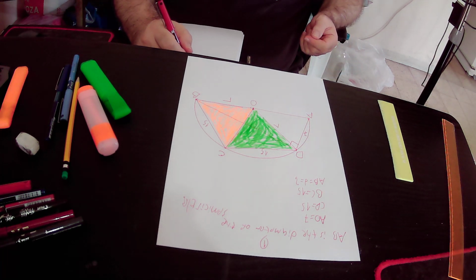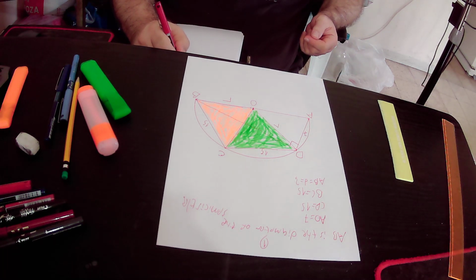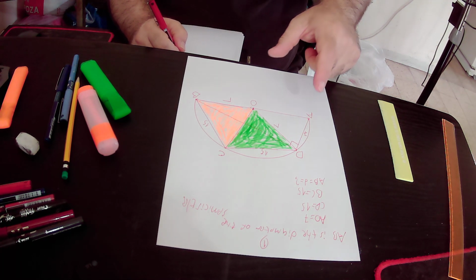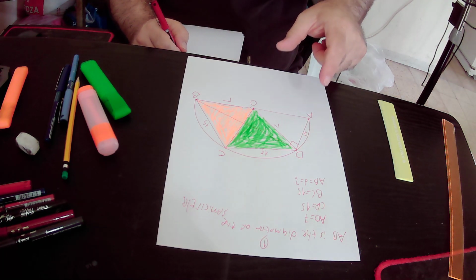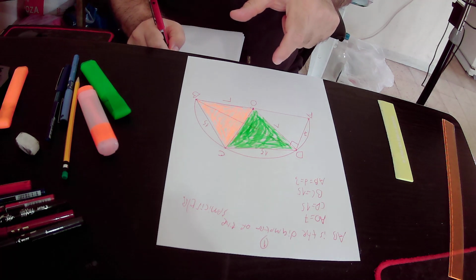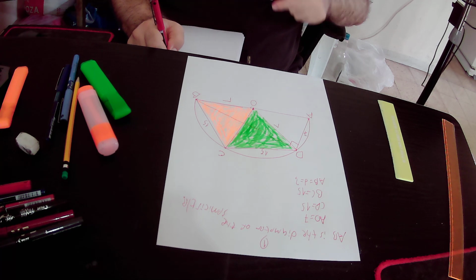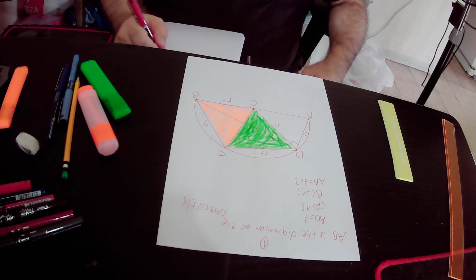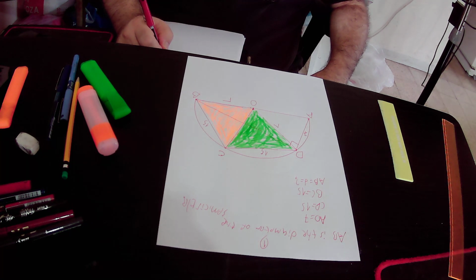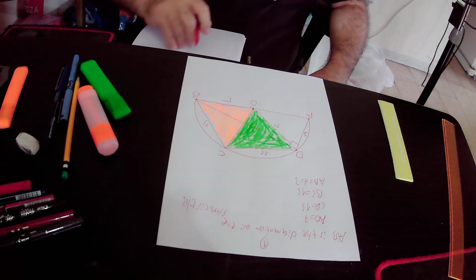So OD, the side of the green triangle, is equal to OB, the side of the orange triangle. Both those sides are equal to R, that is the radius of this semicircle.